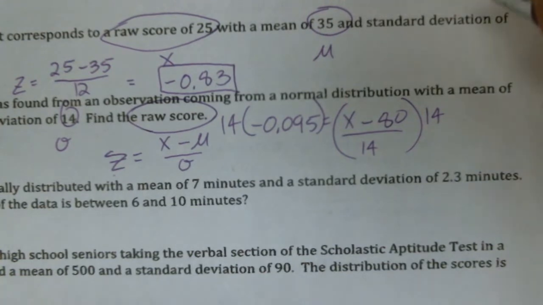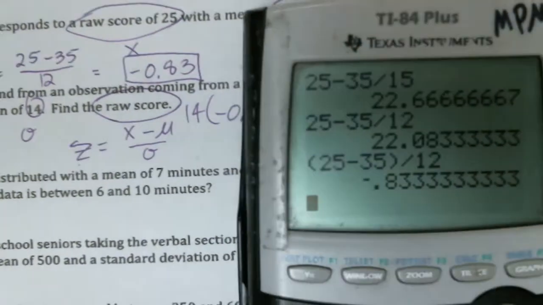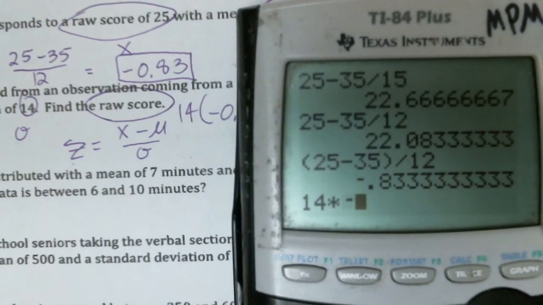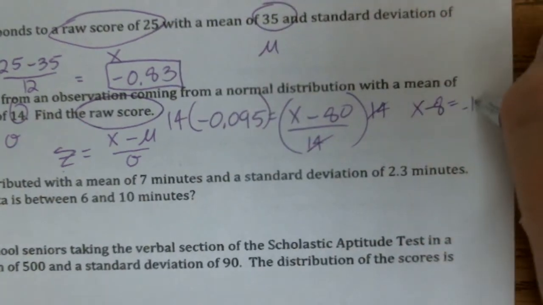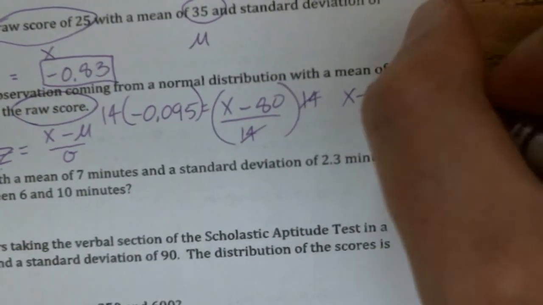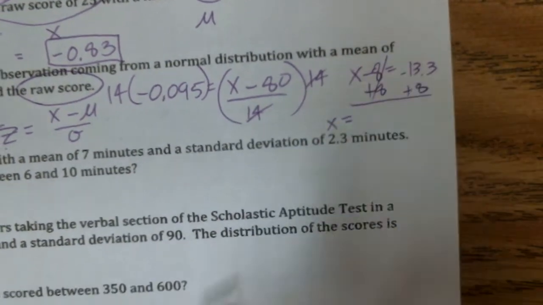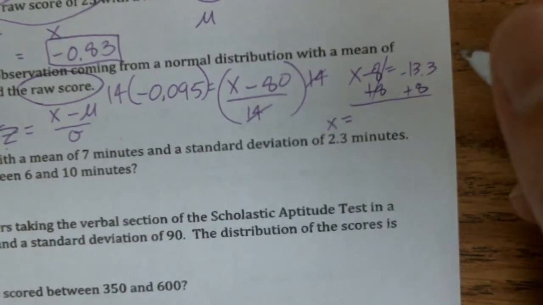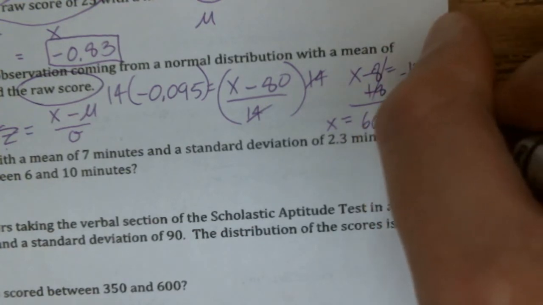The 14s will cancel, so I'm going to have x minus 80 is equal to 14 times negative 0.95, negative 13.3, and I'm going to add 80 to both sides, and my raw data value is going to be equal to 66.7.